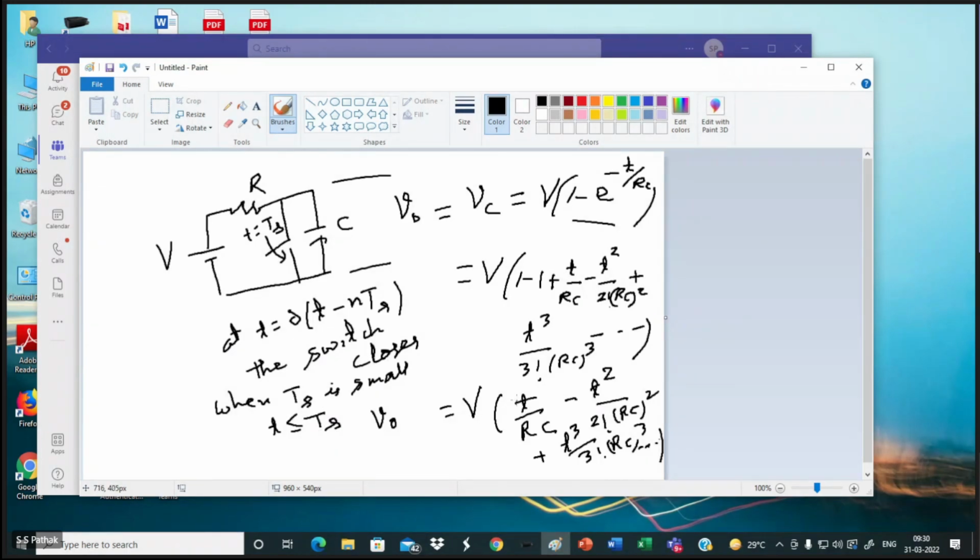So what happens? These higher order terms will vanish. So if Ts is small, it will be V into T by RC.